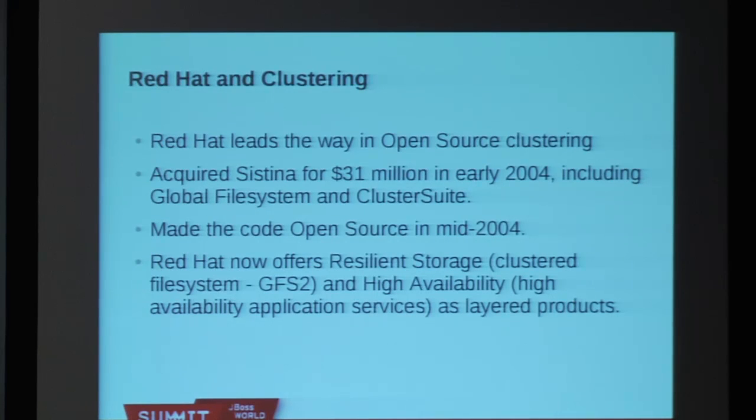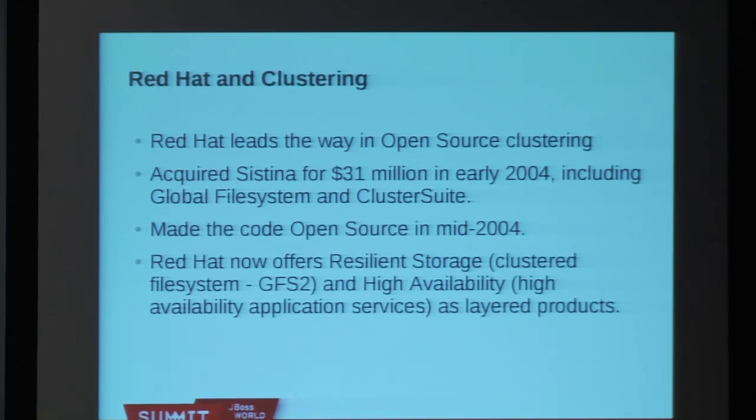So about Red Hat and clustering, we lead the way in open source clustering. We acquired a company called Sistina for about $31 million back in 2004. That included what we refer to as the Global File System and Cluster Suite. Those have changed names now to what we call the Scalable File System and High Availability. We made the source code open source in about the middle of 2004.